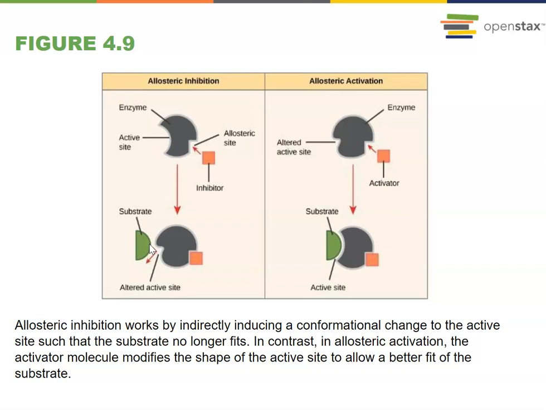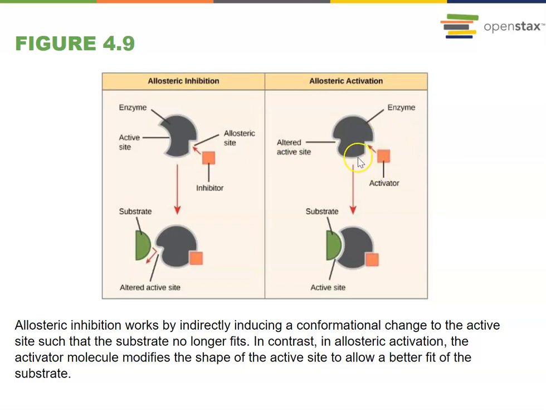Allosteric inhibition is also commonly referred to as non-competitive inhibition, because it's not competing with the active site. It's somewhere else, in this allosteric site. We also have allosteric activation, which is basically just the opposite idea.